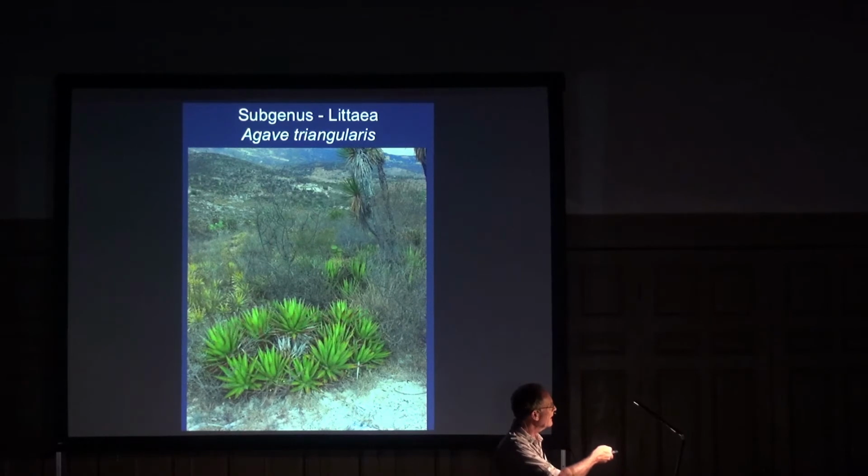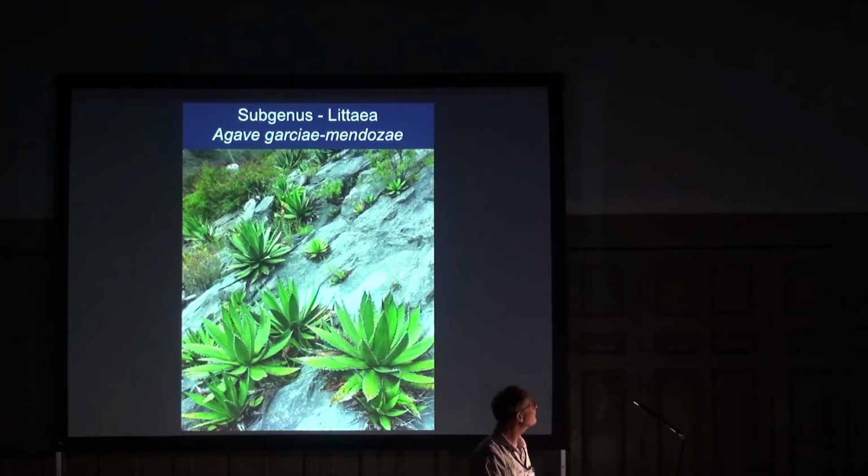The mother plant was in here, it's flowered and died off, and there are lots of offsets to carry that genetic line. So Garcia Mendoza, it will offset even on these types of limestone slabs here. You can see wherever there's a little crack, an offset will come out. We'll see some seedlings as well, but if there's a crack big enough, you've got the main plant and then offsets coming off of those.